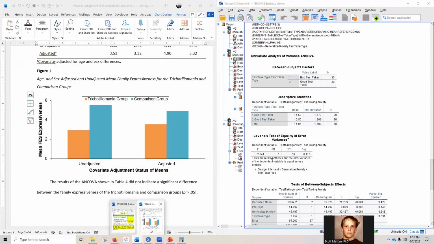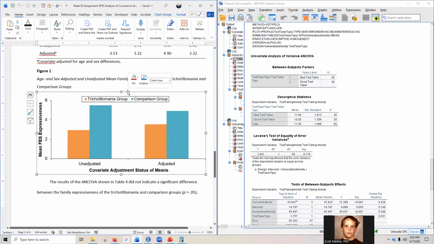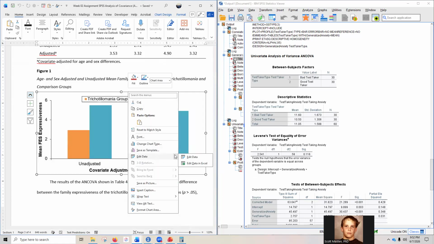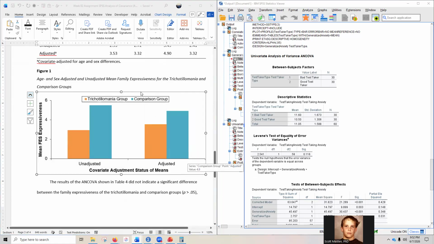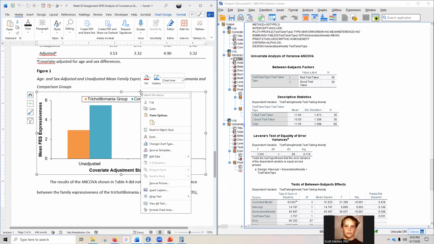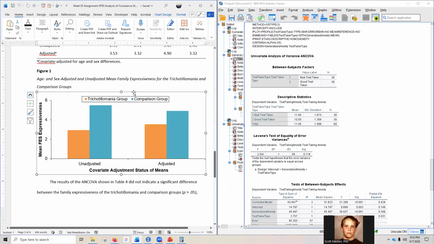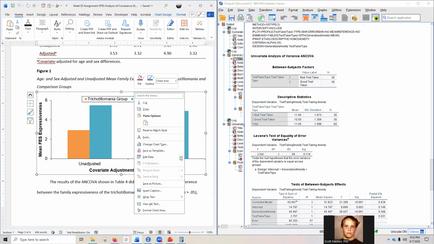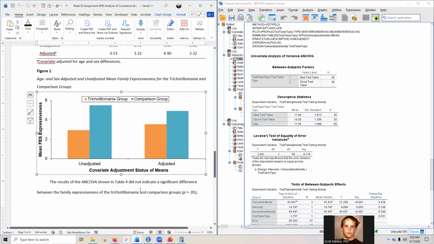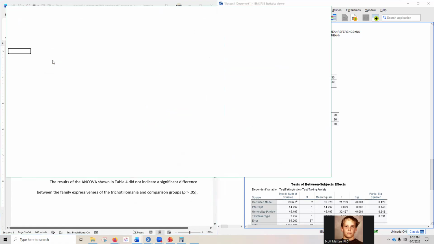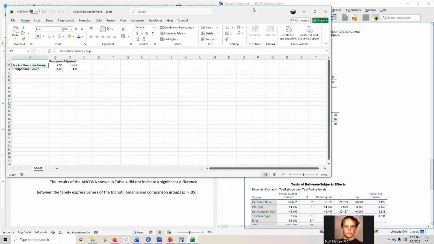Where'd it go? Did it not work? Let's try that again. Edit, data, go. And today not working. All right, well, let's edit data. Let me try it one last time. And if it doesn't work, let's just do it in Excel. Edit data in Excel. There we go. We're cooking with gas.